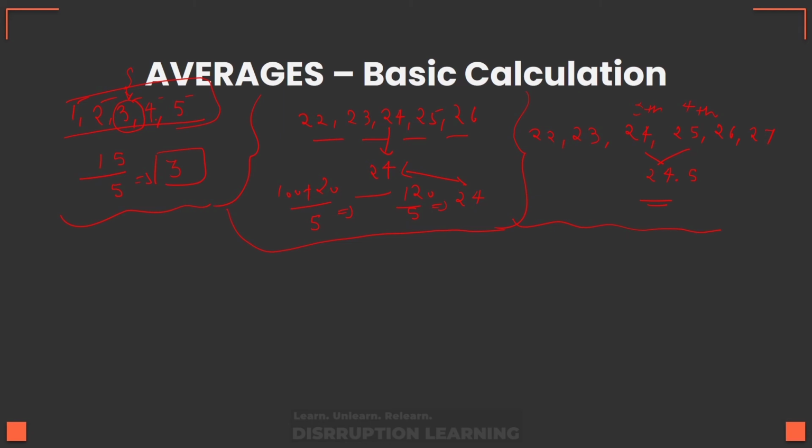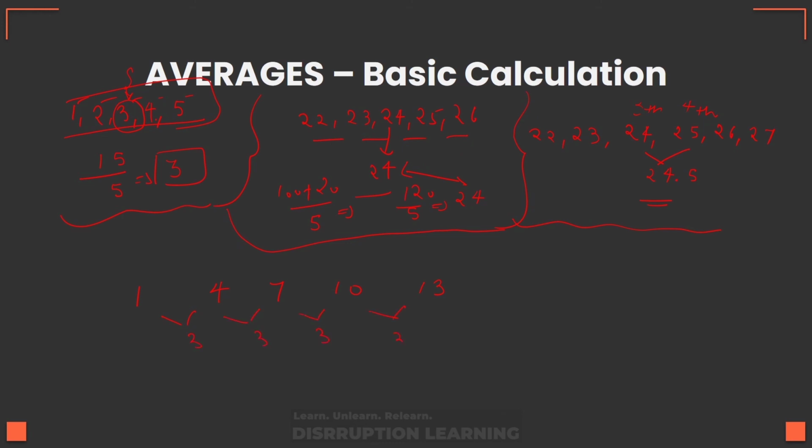Now this feature also applies when the difference between numbers is equal. Let me explain that. Let's say you have 1, 4, 7, 10 and 13. These numbers are in ascending order. The difference in all the numbers is 3.